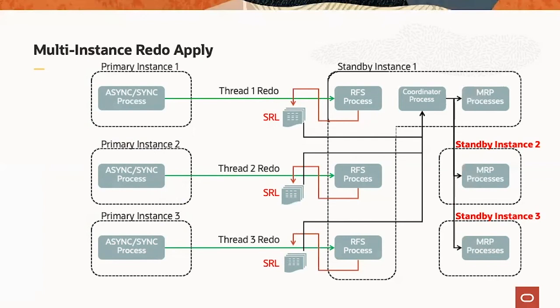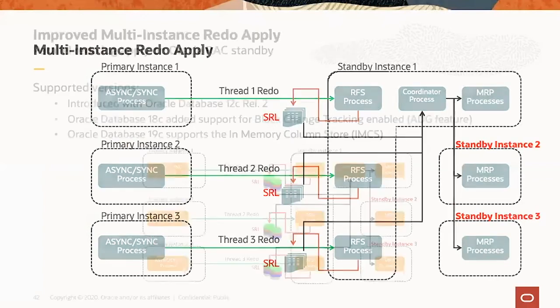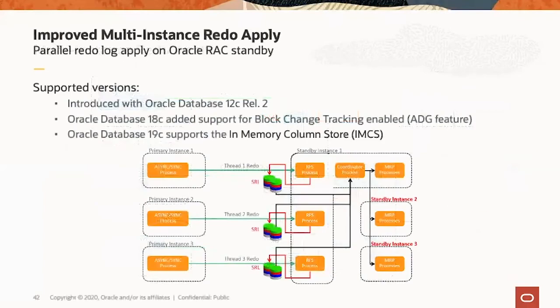So thread 1 will send redo to instance 1, thread 2 to 2, thread 3 to 3, etc. And we are improving this technology every single release. Here you see that we introduced it with 12.2, and in 19c we also make sure that the in-memory column store works with multi-instance redo apply.